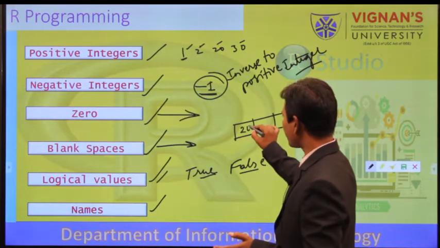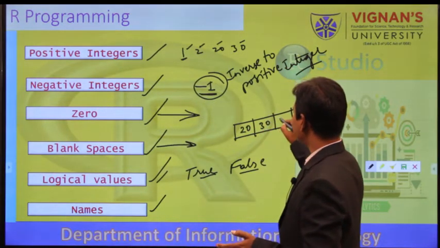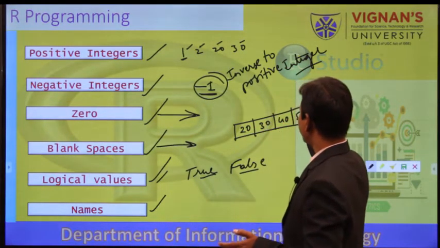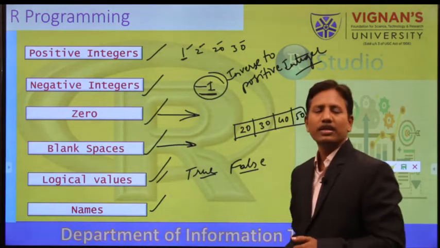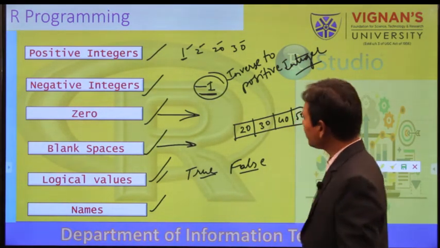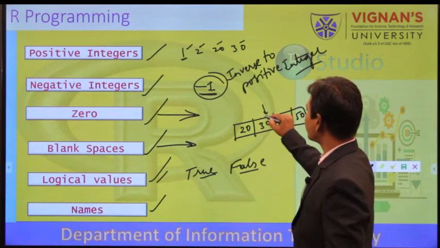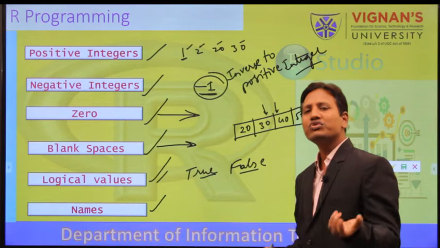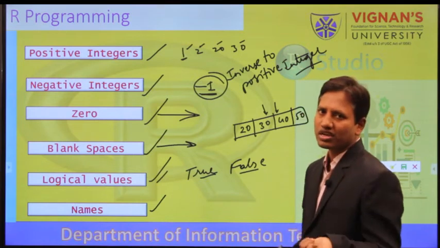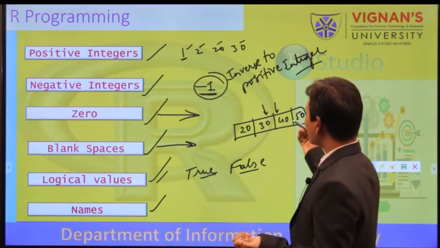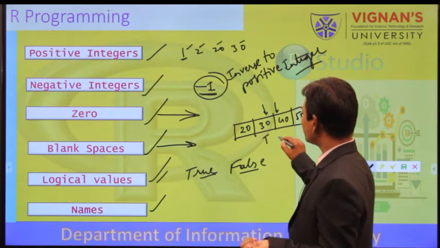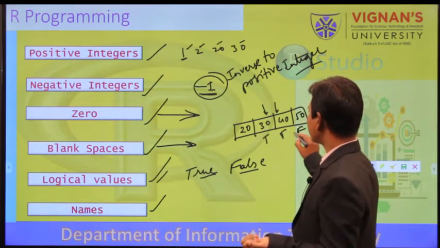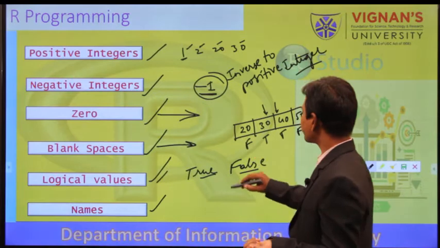For example, here we have a vector with 20, 30, 40 and 50 values. Let's suppose I wanted to select only 30 and 40. These two I wanted to select. How can I do this with the help of this logical indexing? I can put here false, true, true and false.